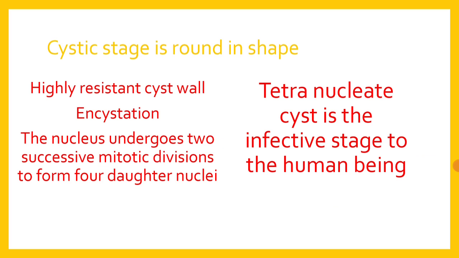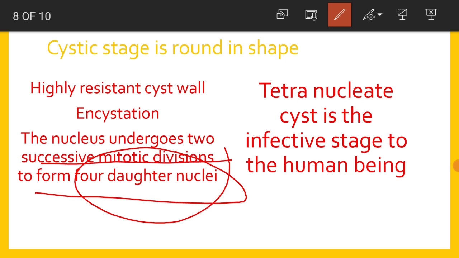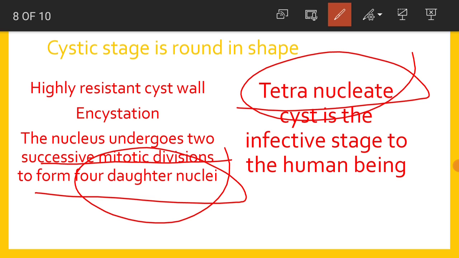Once the cyst is formed, the nucleus undergoes two successive mitotic divisions forming four daughter nuclei. The cyst that contains four nuclei is called a tetranucleate cyst, and it is the infective stage to the next human being.